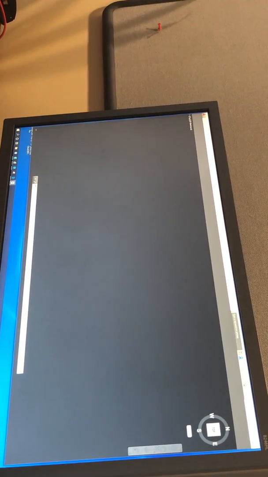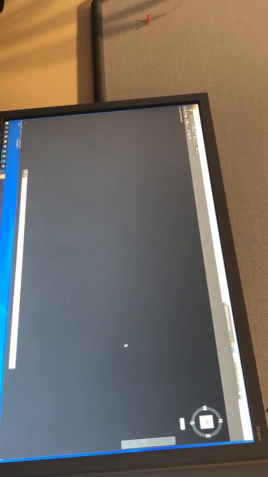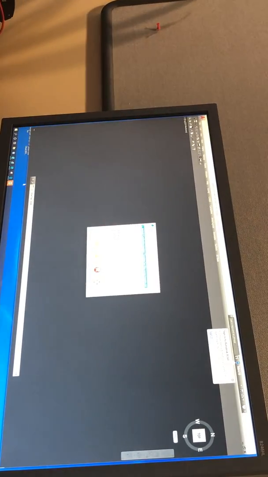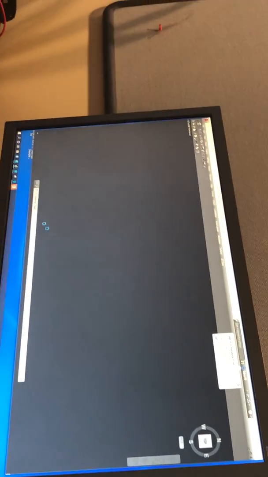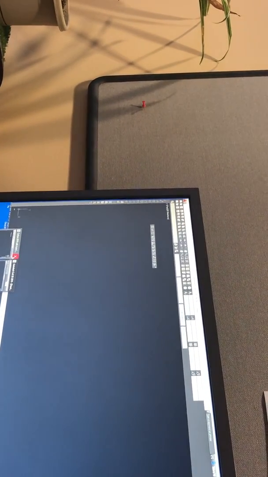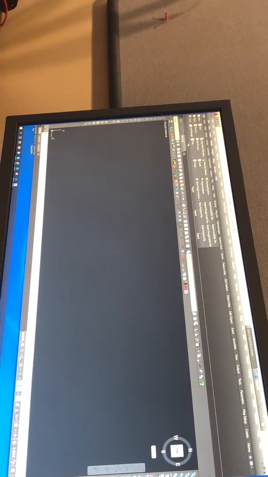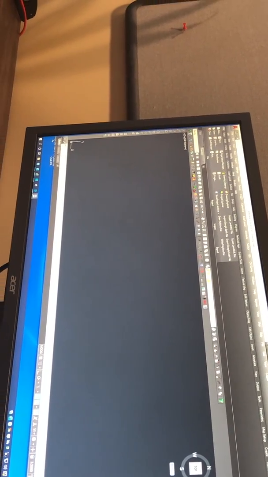And now it's pulling an AutoCAD license, so hopefully we can get on. Yeah, that's what I'm trying to do. Look at that. Okay, so once it decides it wants to.